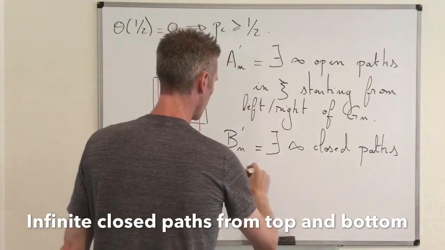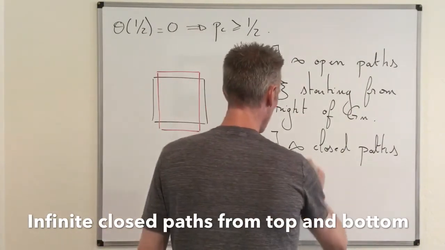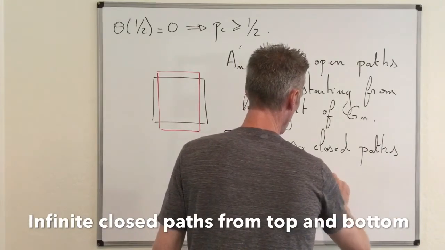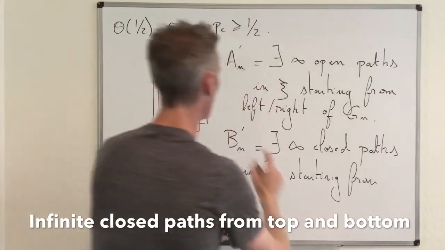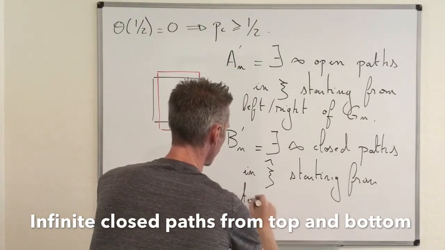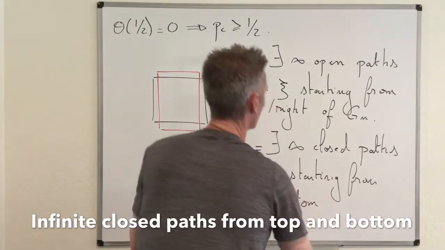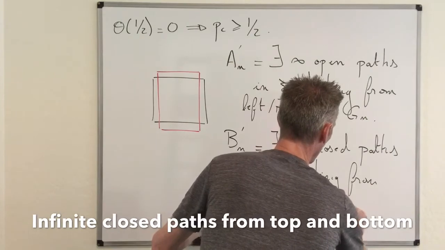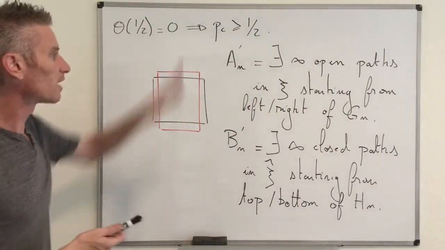Now those paths are in Xi hat, and now they are starting from, we said, top and bottom of Hn. Okay, so we define those two events.